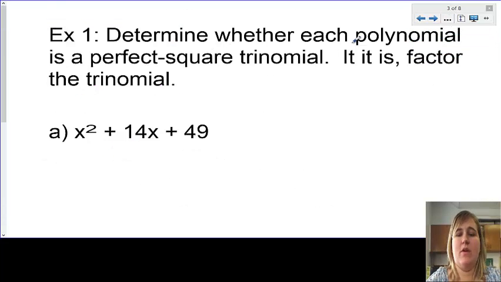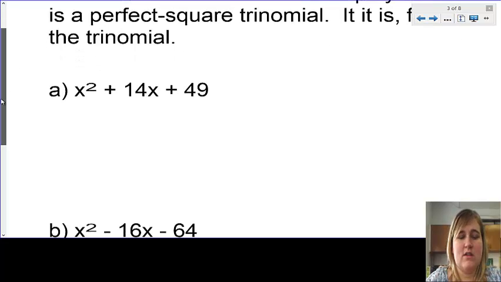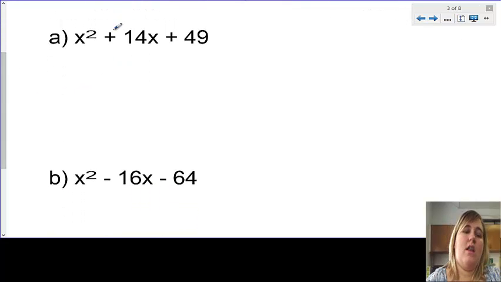So it says determine whether each polynomial is a perfect square trinomial. If it is, factor the trinomial. We're going to factor them regardless. So on A, whenever I factor this one, I have numbers that I'm trying to multiply to get 49, but I need to add to get 14.